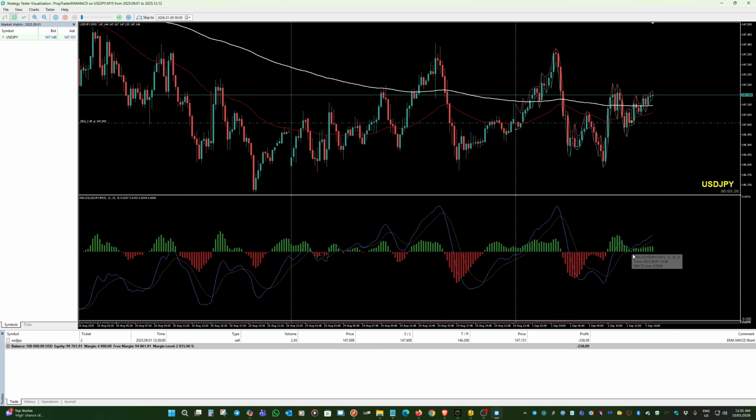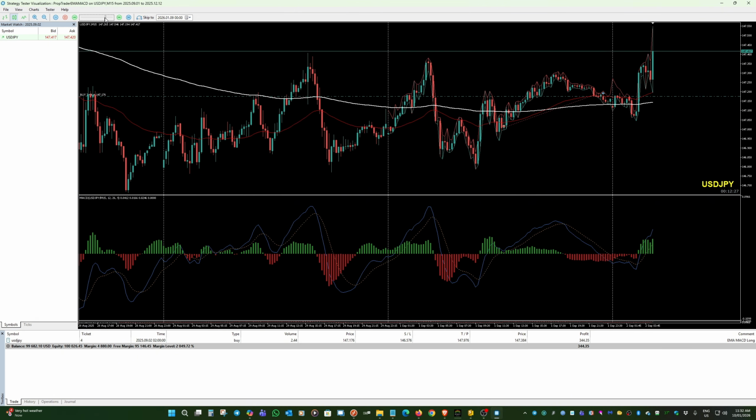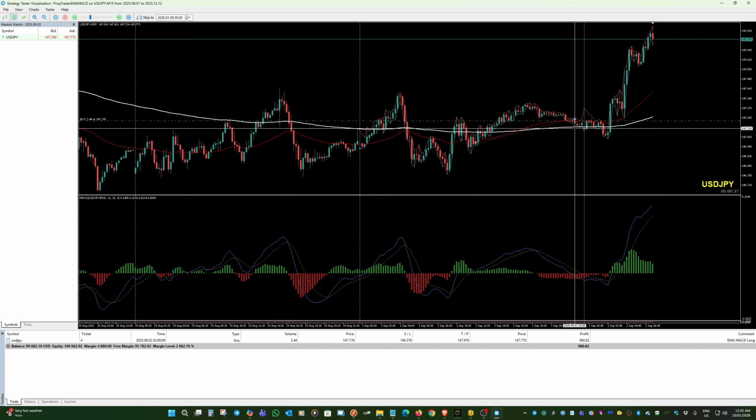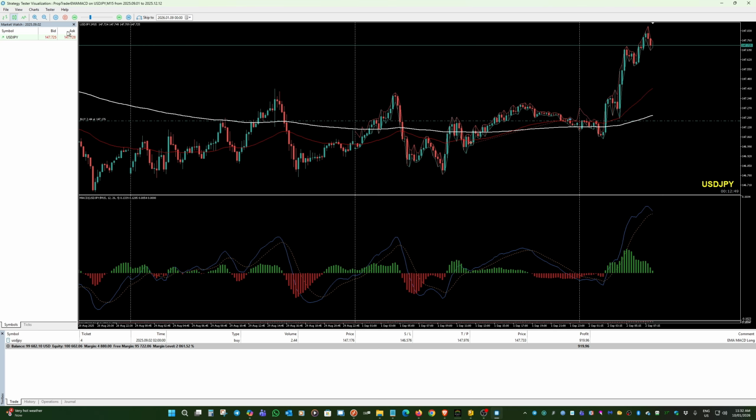It didn't actually close below it, so this should have actually been a change in direction here for this signal. So I don't think that signal is correct, but let's just move on and look for another one. So the close time I think was correct at 2300. Yes, so that actually closed.